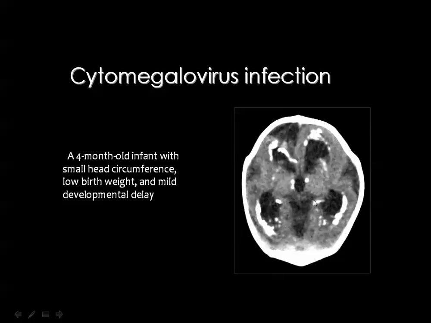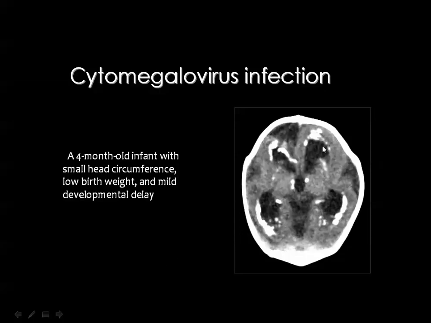Then if you see a calcium like this, and this is periventricular, intimately related to the ventricular wall, then you may think of cytomegalovirus infection. Some said that whenever you see periventricular calcium and you want to differentiate between cytomegalovirus and toxoplasma, you may look to the distribution of calcium.